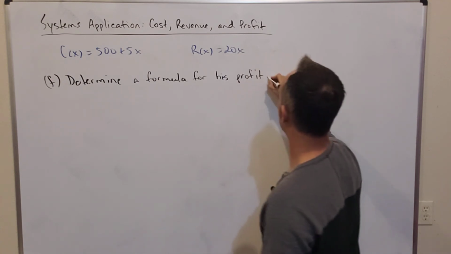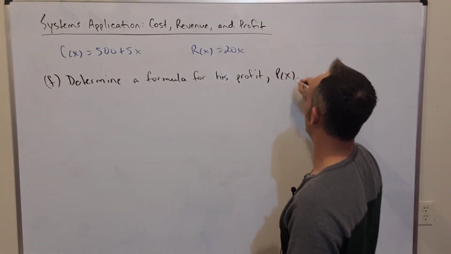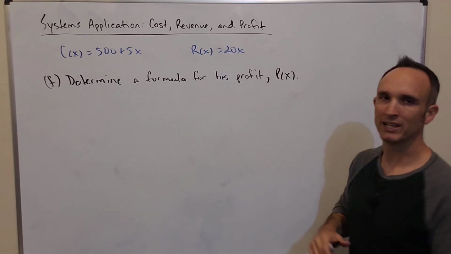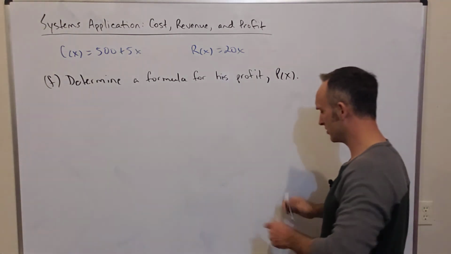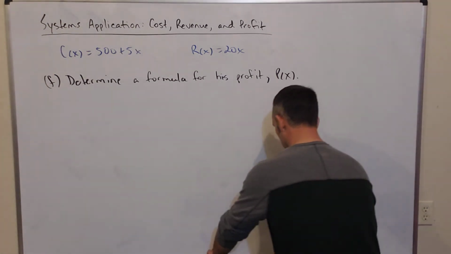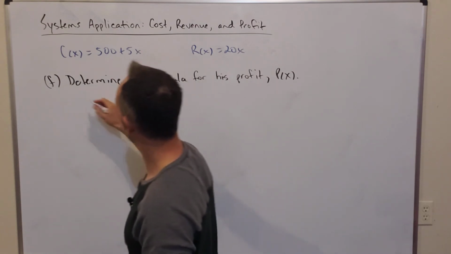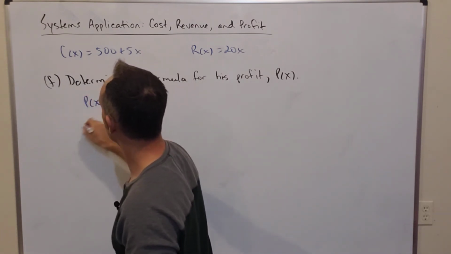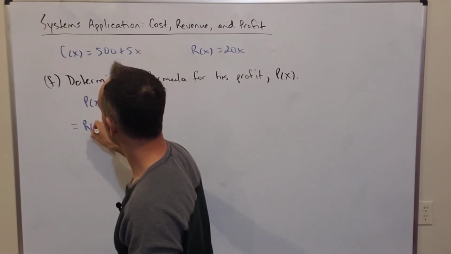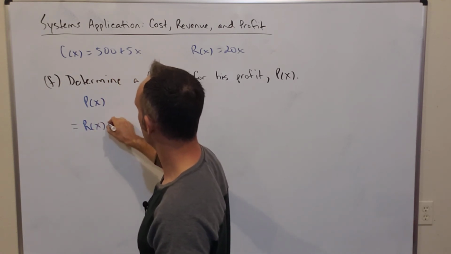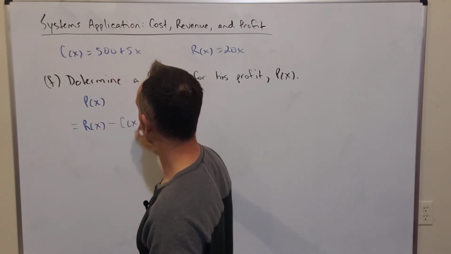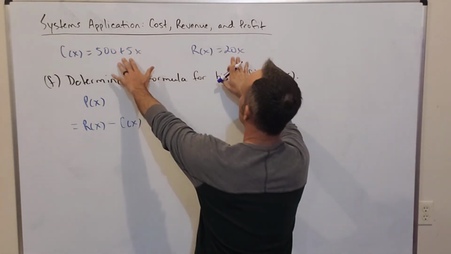Determine a formula for his profit, and we'll call it P of X, his profit for mowing X lawns. So, if you recall from earlier in the video, we established that profit is revenue, all of his income, minus all of his cost. And we have formulas for those.